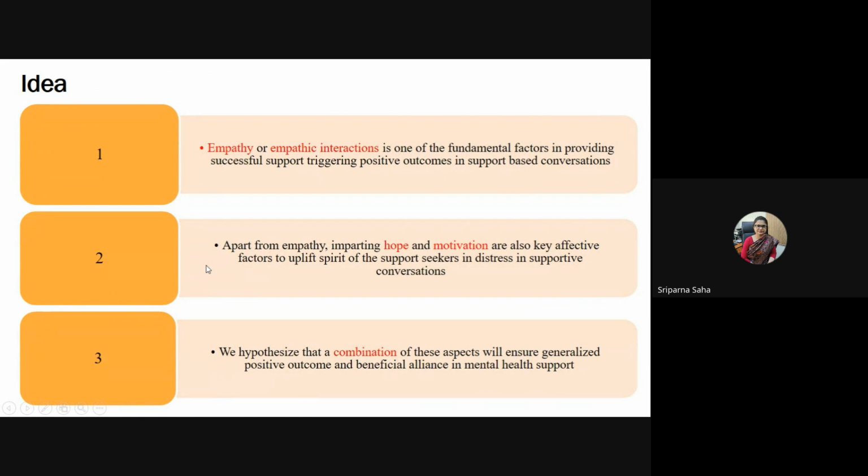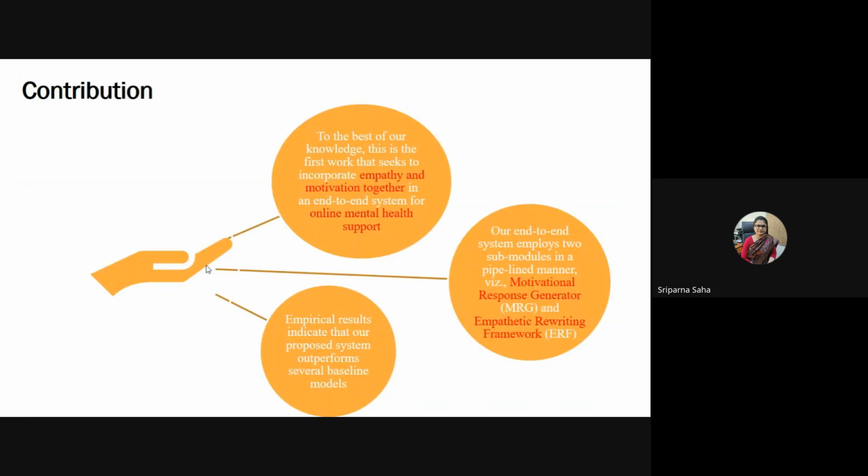Now in the next work, we have also introduced empathy, because we identified that empathy is also a very important component. In the past, the virtual agent was simply generating positive or motivational responses.